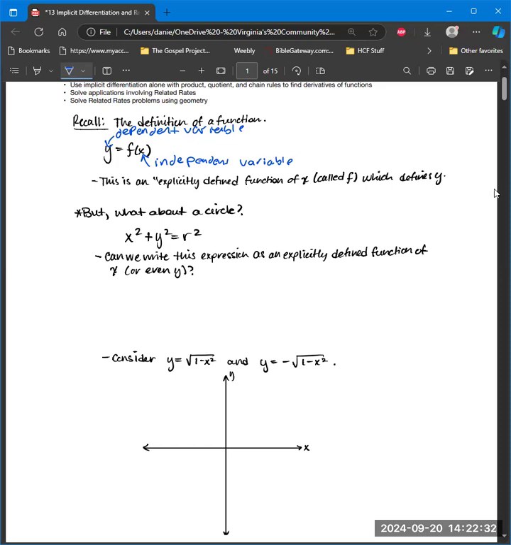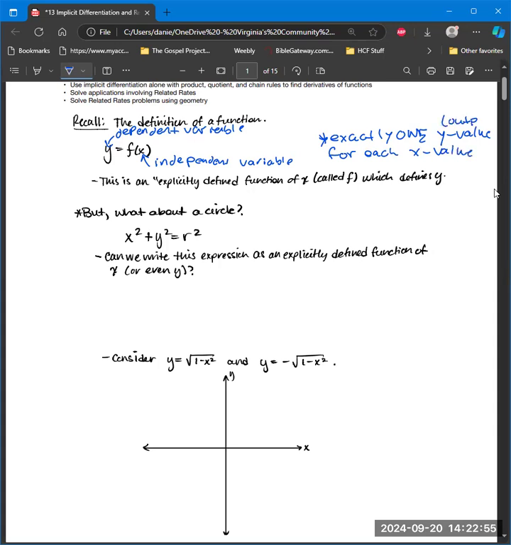We choose x, y depends on it. So there's exactly one y value for each x value.